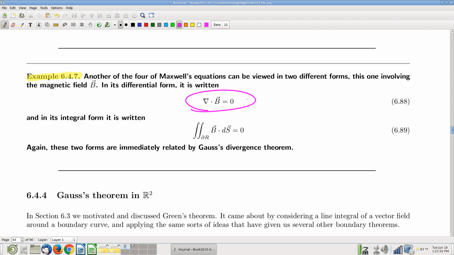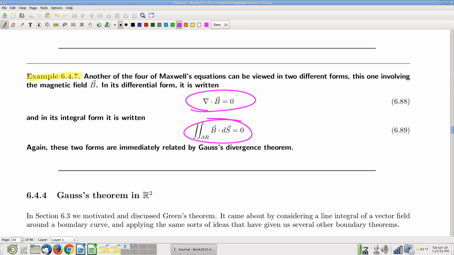And here is another true fact about magnetic fields, which again, at a casual glance, you'd say, well, totally different formula. This is divergence. This is flux. They're totally different constructions. Okay, yeah, true, agreed. But that's flux. This is flux density. Now you see they're actually very similar looking equations.